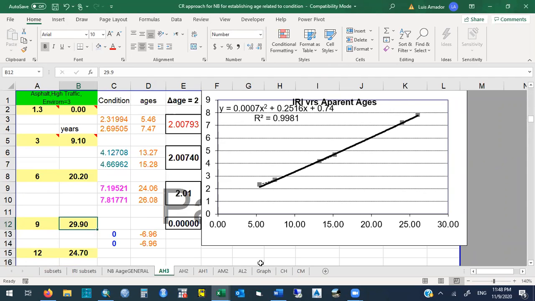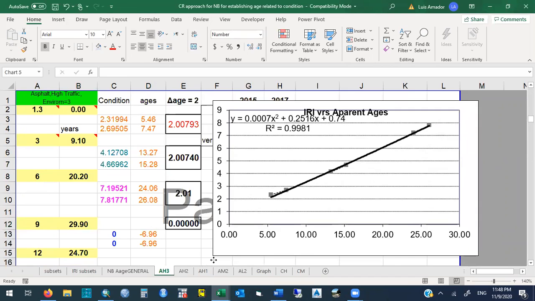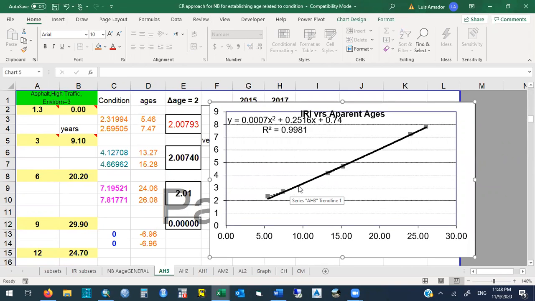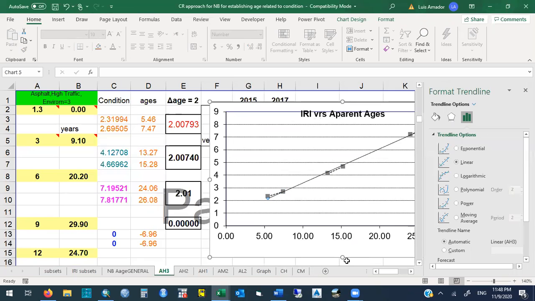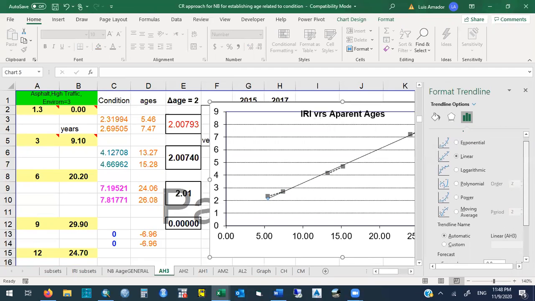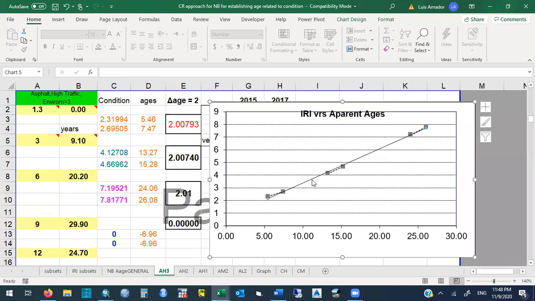How does Excel understand to draw a line between each 2 points? No, this will be a best fit. So you will come here and you will go for your best fit. What about the lines between each 2 points?